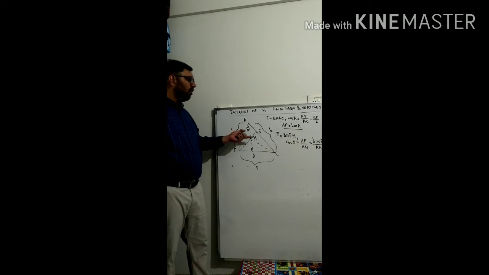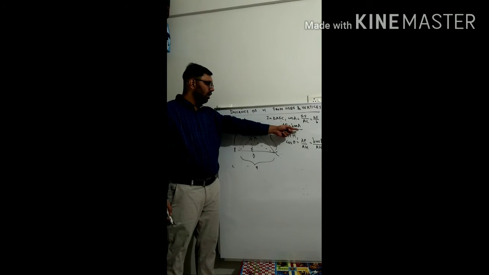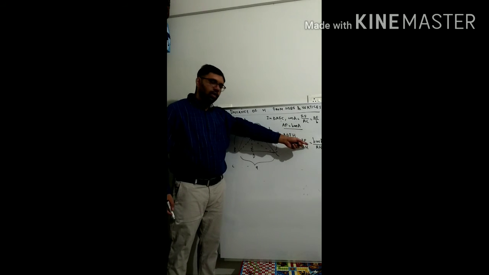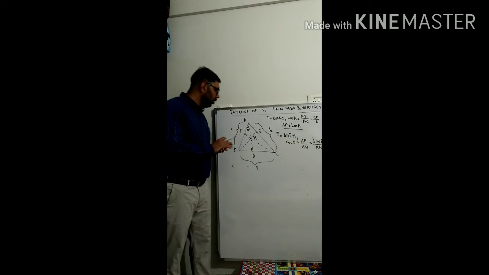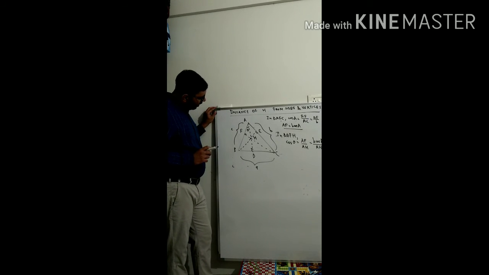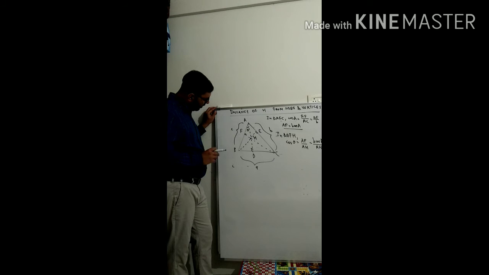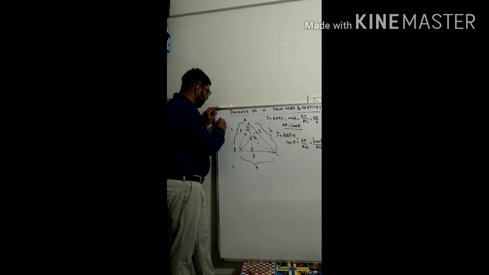AH is what we are trying to find. So AH is the unknown quantity and AF we already calculated earlier. So B cos A. So in place of AF I substituted B cos A, and now I want to find cos theta. So for cos theta, if you see in this triangle, this angle is B and this is 90 degrees. So sum of these two angles will be 90, which means theta plus B is equal to pi by 2.